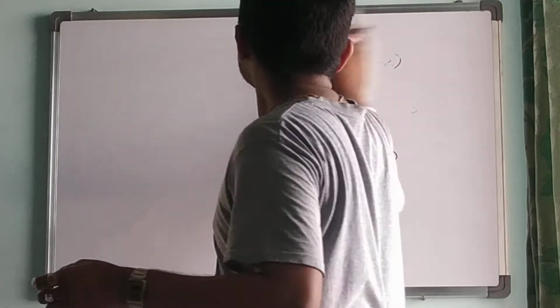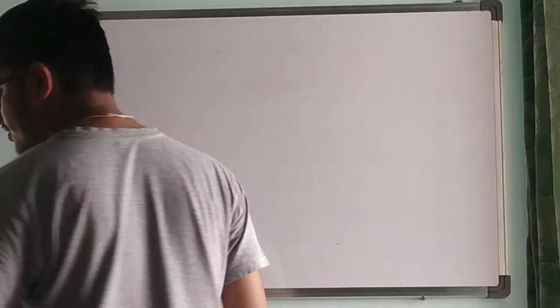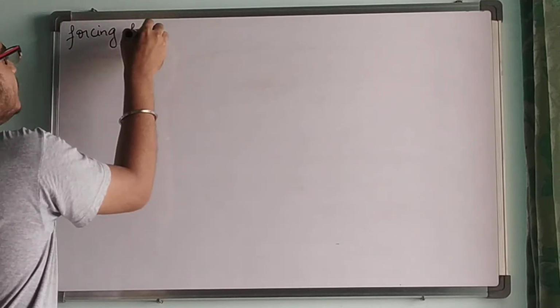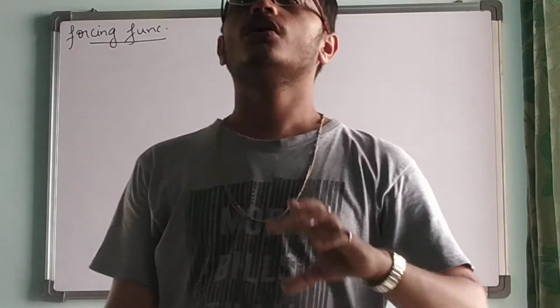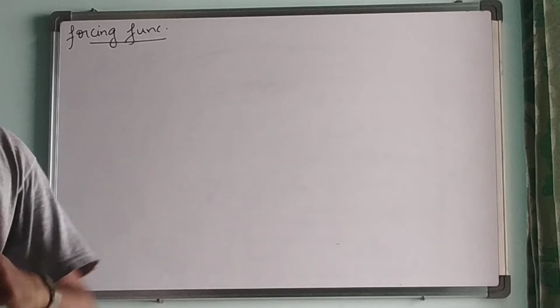Okay, now let us see different types of forcing functions that are used. That means the way in which you can either give the input to the system, or to study the output of the system you need to know what kind of output you got.